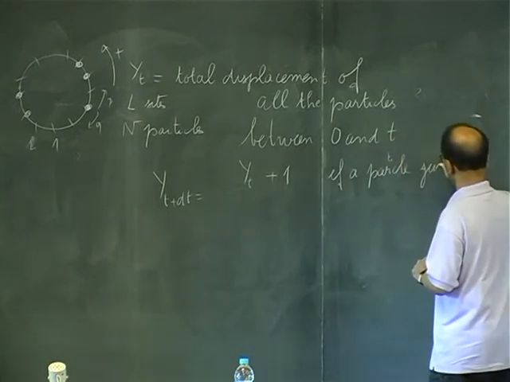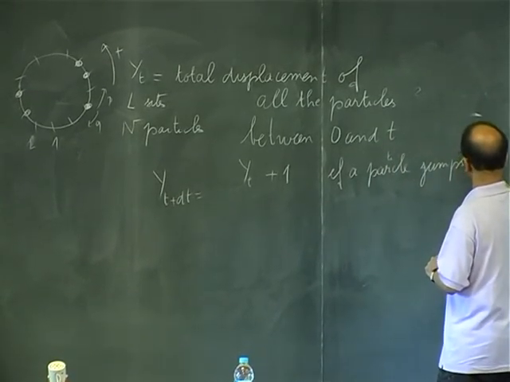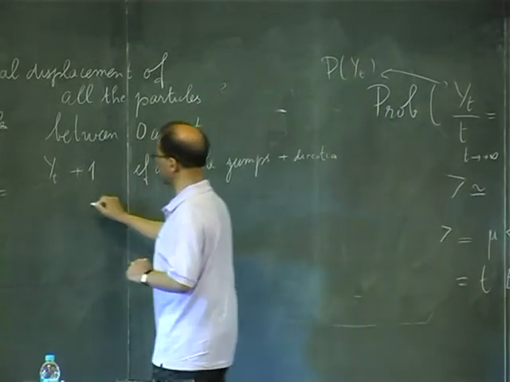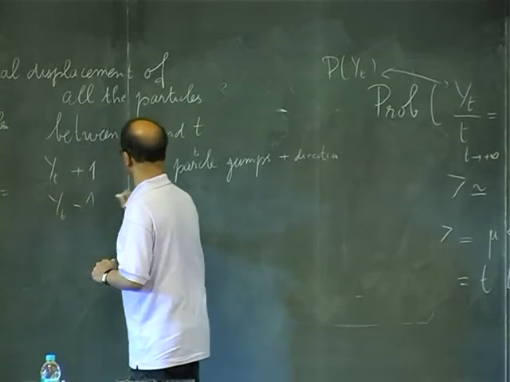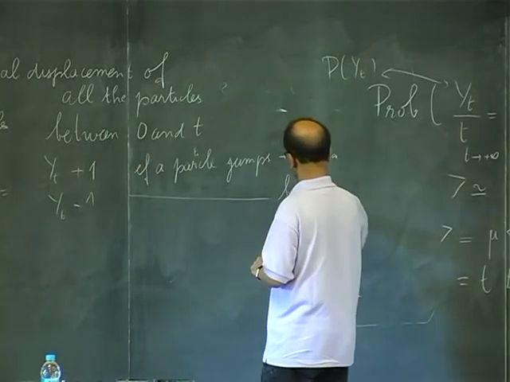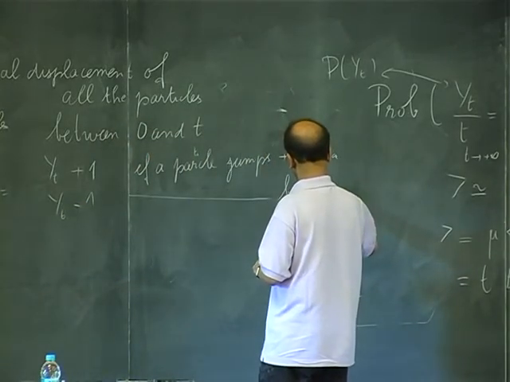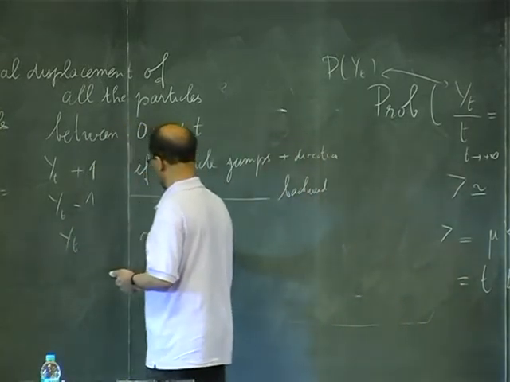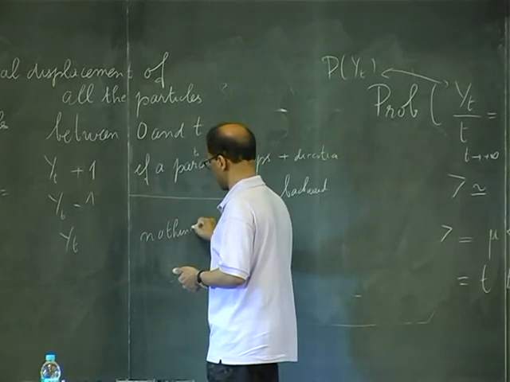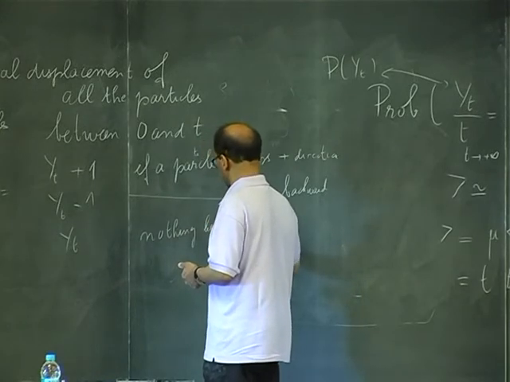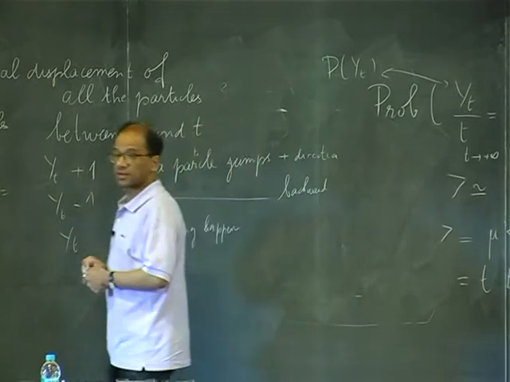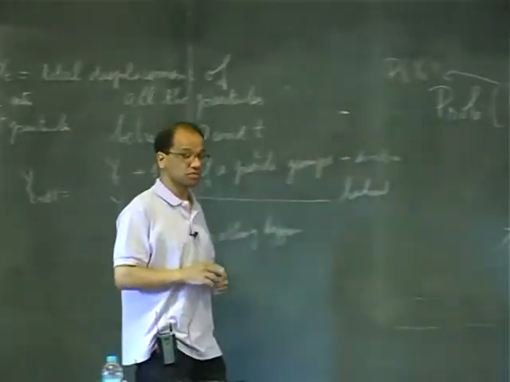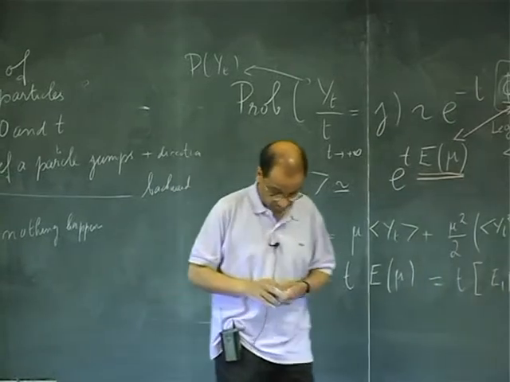Minus 1 if a particle jumps backward with probability q, and if nothing happens, it remains the same. Up to an overall factor L, it is the same thing as looking at the current through one bond, but it's a homogeneous problem. Okay?